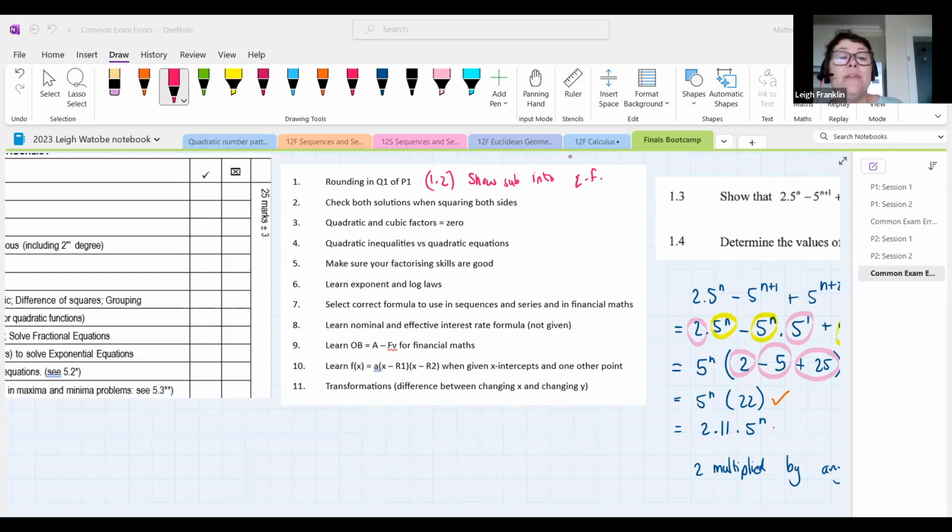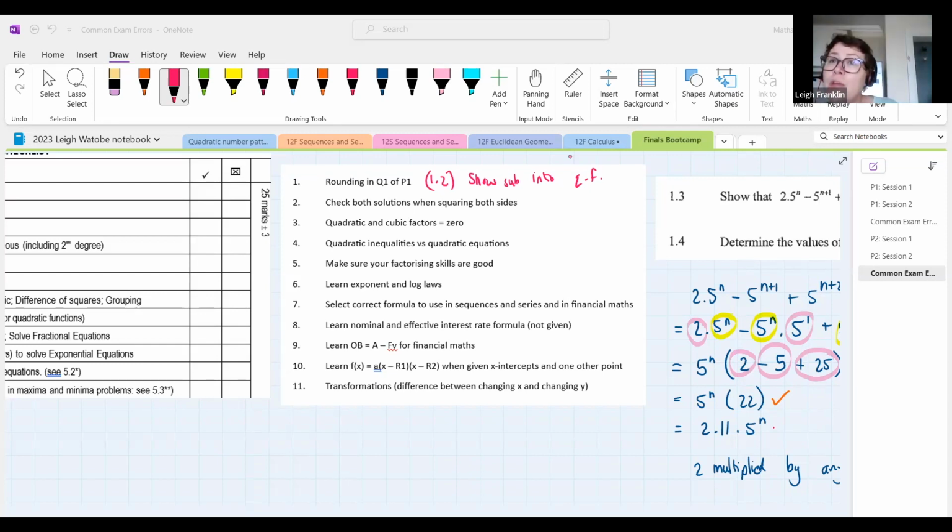That's another place where we end up losing marks. And the other thing to highlight about question number 1 is to make sure that when you solve a quadratic inequality, you are not treating it like you are solving a quadratic equation. Quadratic inequalities are not the same as quadratic equations.